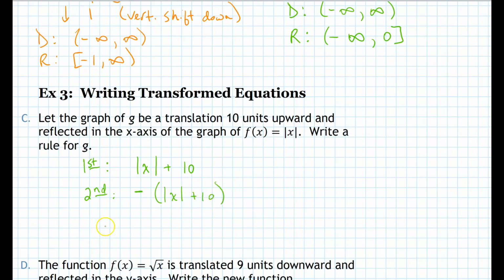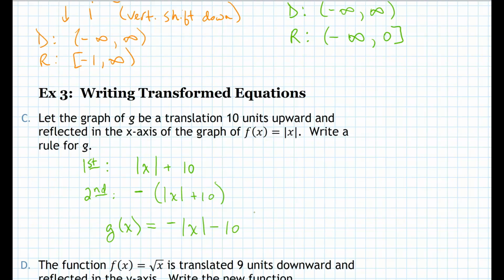Because it's on the outside, not the inside. But isn't it multiplication, so it comes first? But it's do the reflection second. Okay, I totally agree. And then you could just simplify it.